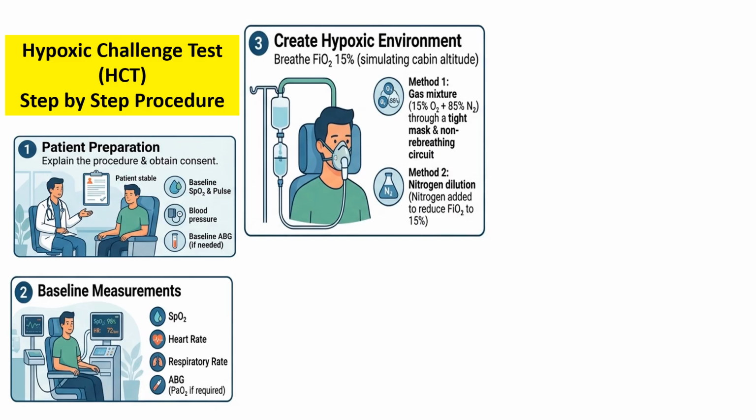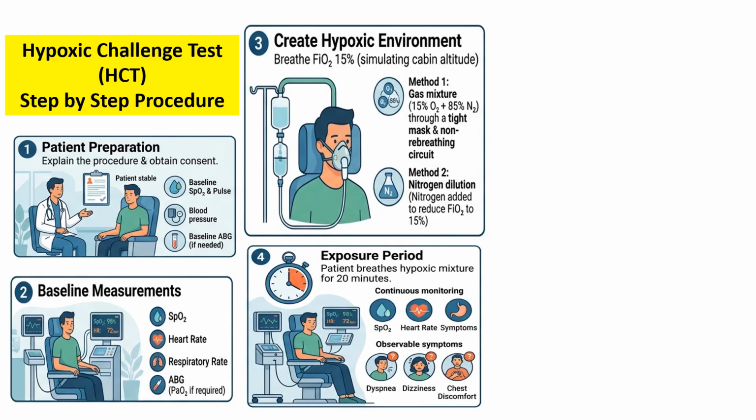We use two methods. First, ask the patient to breathe FiO2 15%: we create this gas mixture with 15% oxygen and 85% nitrogen through a tight mask and non-rebreather circuit. The second method is nitrogen dilution. With that, ask the patient to breathe for 20 minutes.